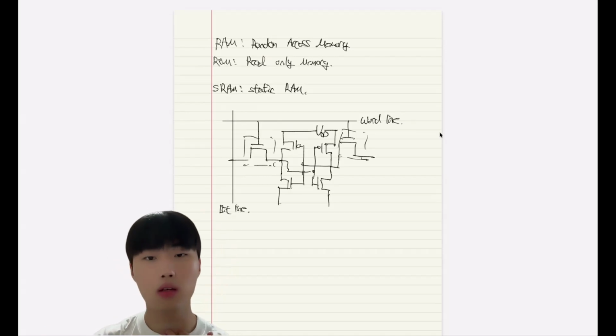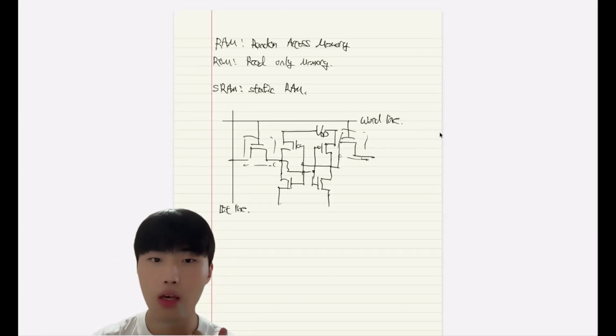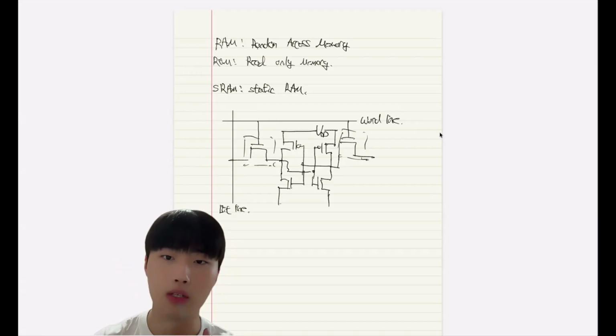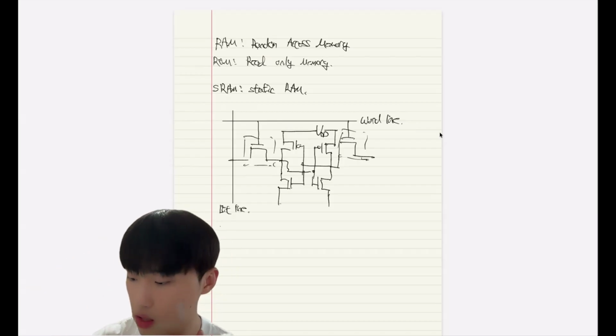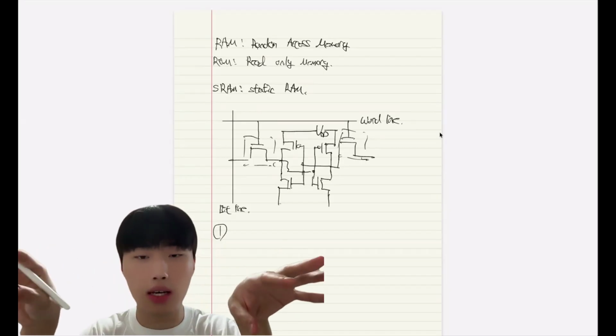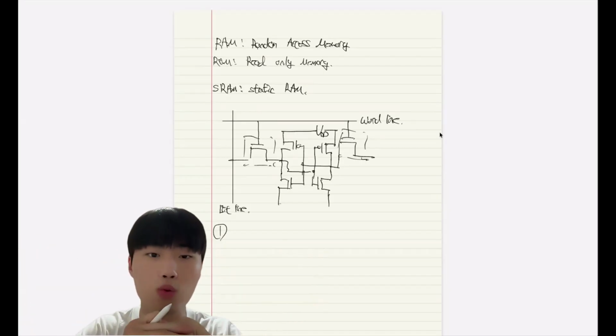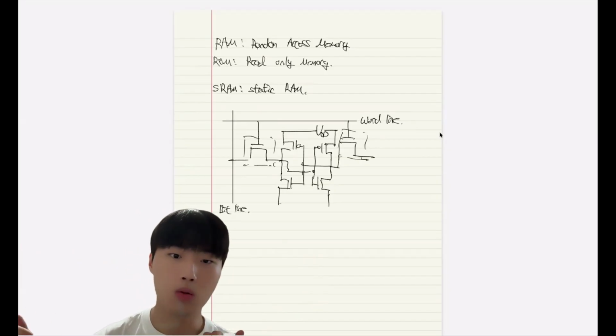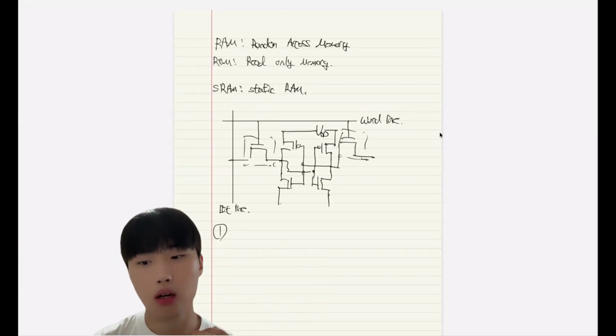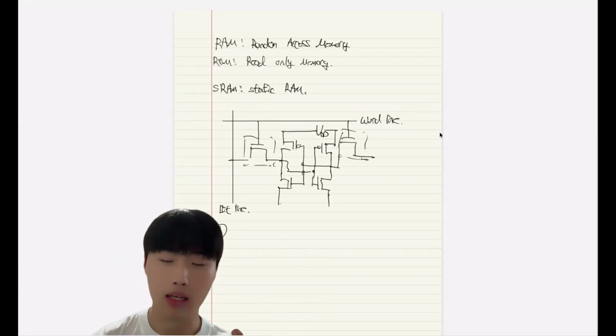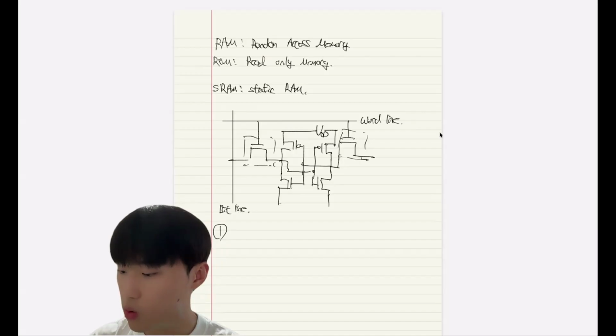When we want to store some memory, first we set the word line to one. So the switch is turned on and puts the memory on the bit line. The memory will be 0 or 1.